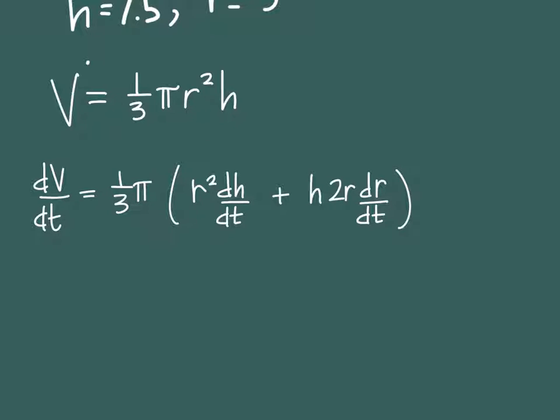All right, now we can start substituting in some of the values that we know. dV/dt is describing the volume, and we know that this is leaking volume at 3 cubic inches, so that would be -3. 1/3 pi. We figured out that the radius is 3, so that would be 3 squared times dh/dt. We know that h is 15 halves.